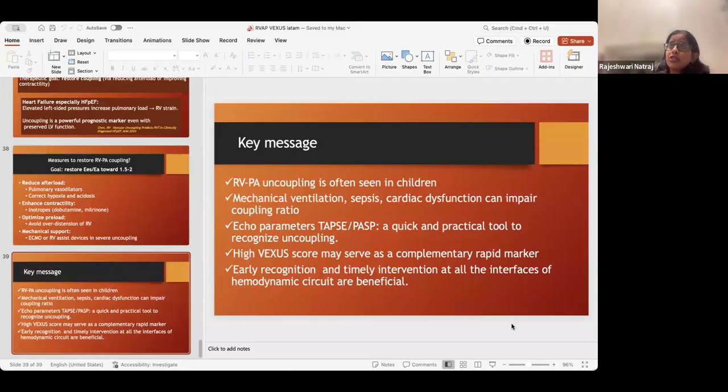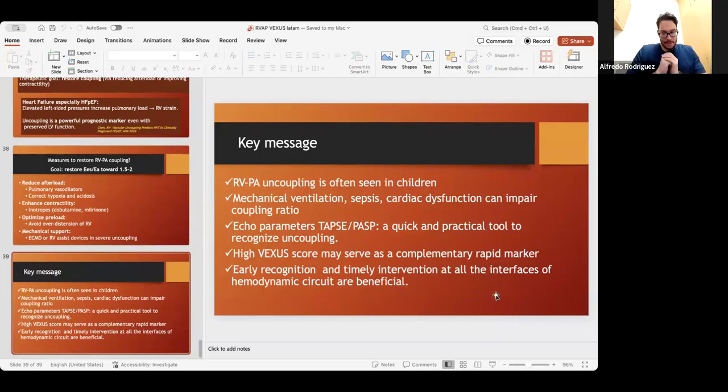You may have to diurese, you may have to drain the pericardial fluid, you may have to give pulmonary vasodilators, you may have to give inotropes, or titrate your ventilatory settings. What we found in this study was whenever you see a high VExUS score, since these patients already had RV dysfunction and RV diastolic dysfunction, it may indicate high RV-PA uncoupling. Not in all, but you have to think of RV-PA coupling whenever you see high VExUS score.